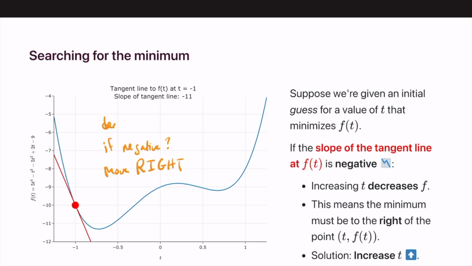Sorry, this should be derivative, move right. So these are the things we want to think about when we're looking at these spaces and why we care about taking the derivative along this surface. Now this is the precursor for how the gradient descent algorithm works.